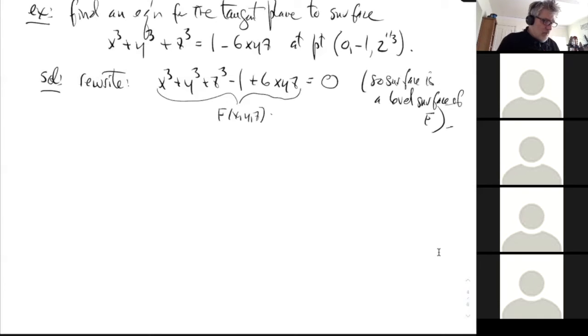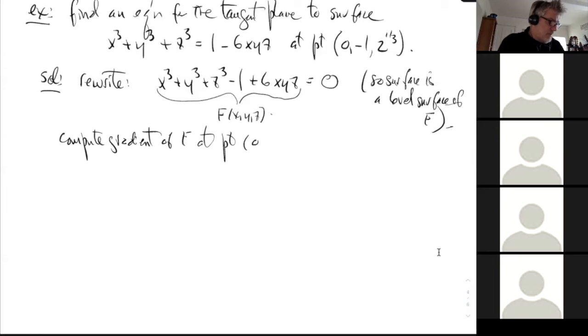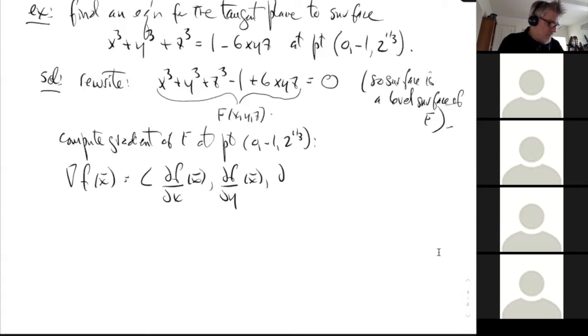And so for the tangent plane, all I have to do is find the gradient at the point I'm asked. That's it. So we compute the gradient of F at the point (0, -1, 2 to the power 1/3). So what's the gradient again? The gradient at any point is del F del x, del F del y, del F del z.